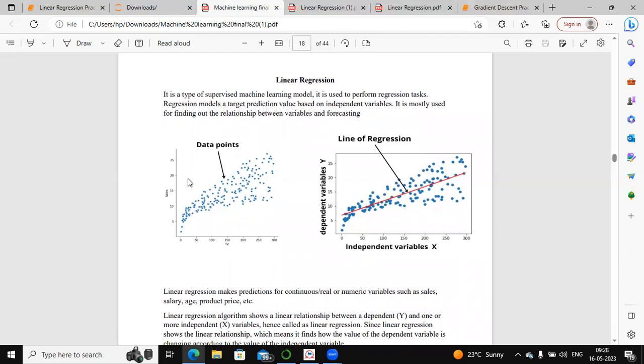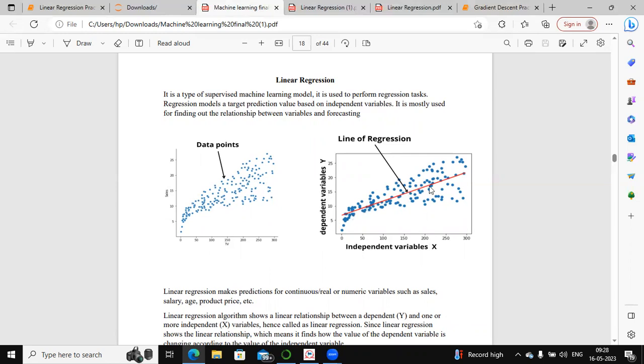If you see the sales of TV when the advertisement was done, you could see that the sales are really high when the TV advertisements are higher. Okay, so these are the data points. You can draw a linear line from this. This is the independent variable x and this is the dependent variable y.